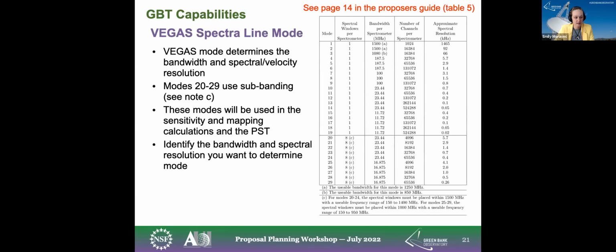And your science will dictate which mode you need to use to make sure that the spectral resolution that you get gives you the velocity resolution that you want. And some modes use subbanding, and these modes will be used in the sensitivity mapping calculations that we will go over later. So think about your science, what spectral resolution and velocity resolution you need, and that will determine the mode that you need to use.